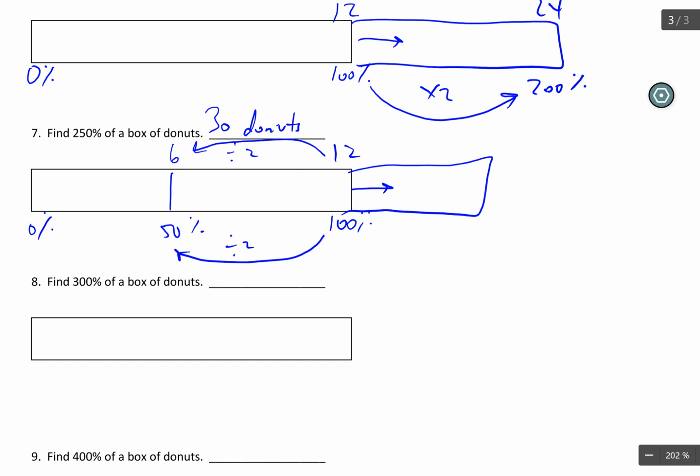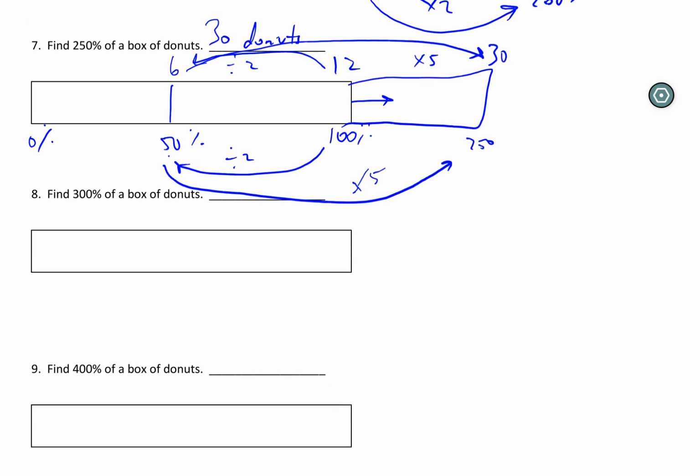Now from my 50, I can go to my 250. 50 to 250, I'm going to be multiplying by 5. You know, this is getting messy because it's hard to write on the screen, but 6 times 5 is 30, and I'm going to get the same answer that way as well.